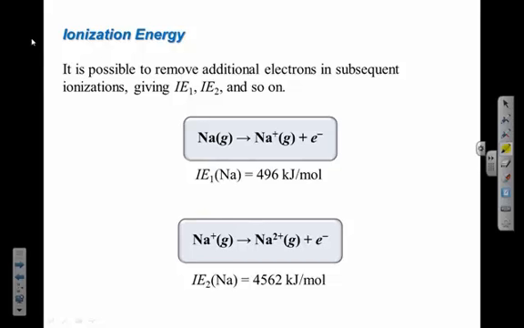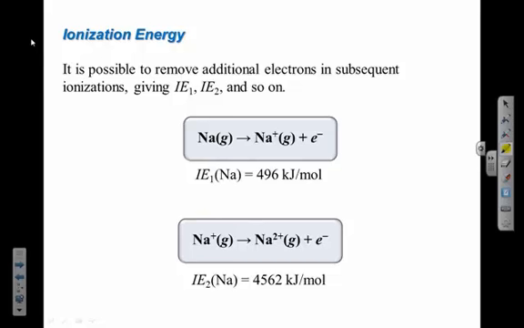So what students will sometimes explain incorrectly: an incorrect explanation is to say, once I knock an electron out, I have more positive charge. That's not true. You still have the same amount of protons in the nucleus. You could say you have a greater effective charge because now you've lost this electron, you have less shielding.